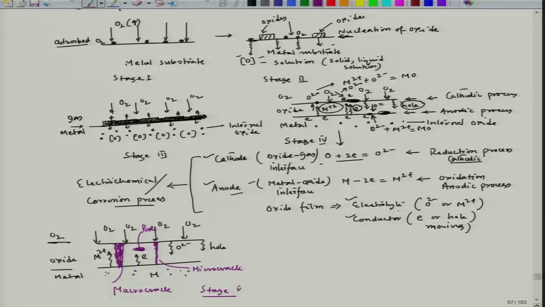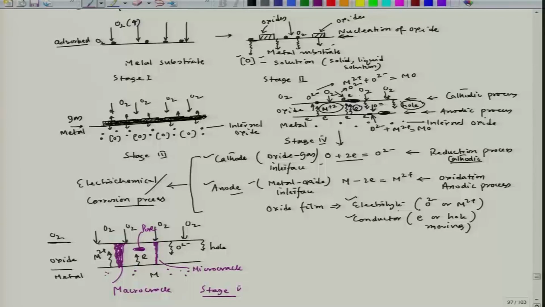Though it does not look much complicated, these different stages can be mixed up, and those stages could have various other influencing factors, like this is a pure metal situation. If there are alloying contents, then the stages can vary depending on the alloying content.